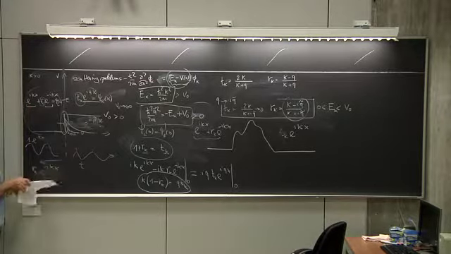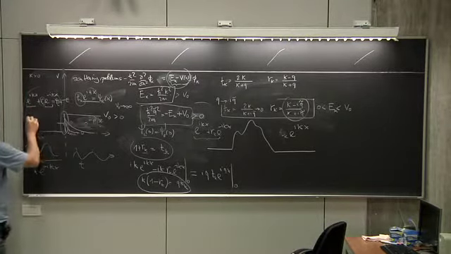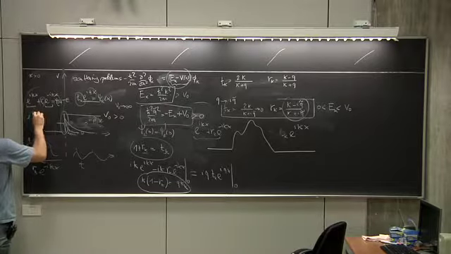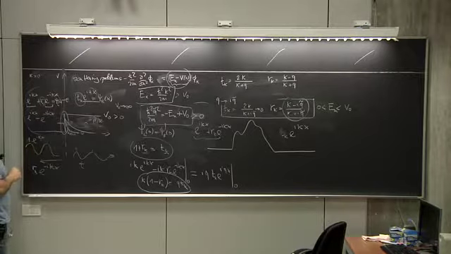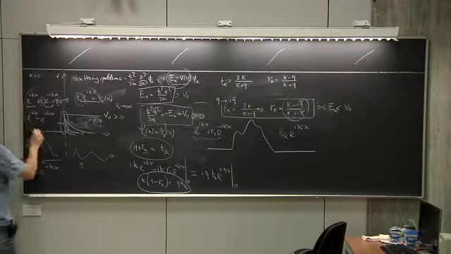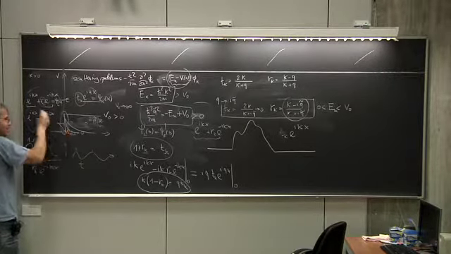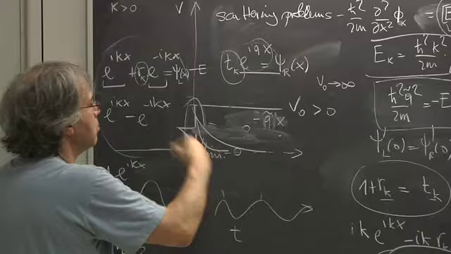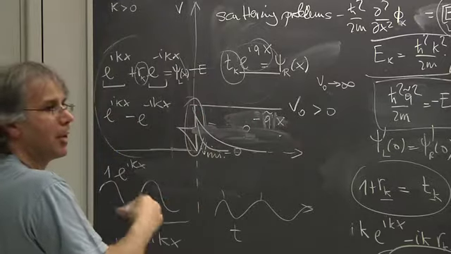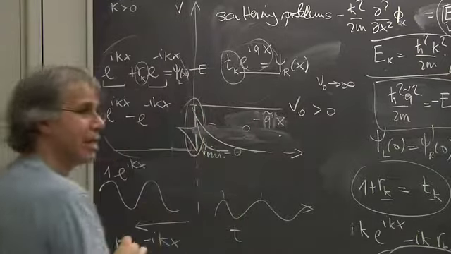It means that in the limit V0 going to infinity, the wave function becomes this, which is a sine, okay? So this function essentially develops a 0 at the origin. It doesn't want to penetrate the barrier, if the barrier is obviously infinite.